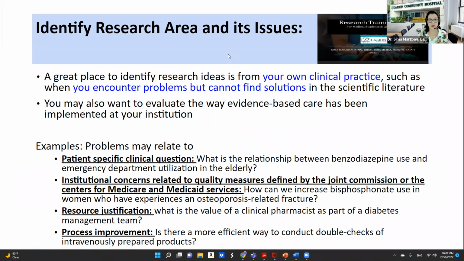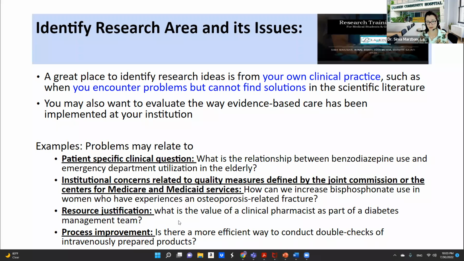Okay, once you have identified the research topic and area for research, you can find different problems relevant to it. For example, a patient-specific clinical question about that specific medical condition. Institutional concerns relevant to quality measures.